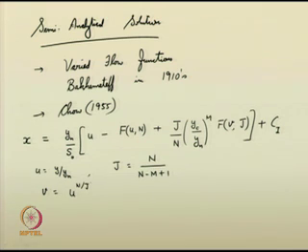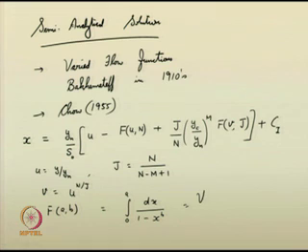Like this you can obtain the variable v, and your varied flow function f of any two parameters a and b is given as the integral from 0 to a of dx by 1 minus x to the power of b, and this is called the varied flow function.